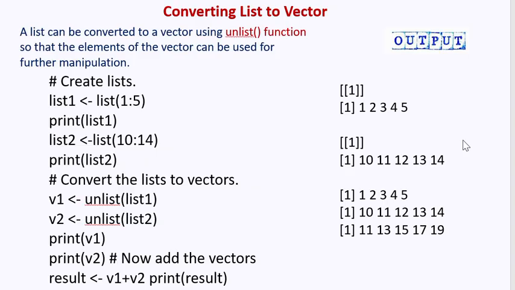What the backend process did is add the first element in V1 to the first element in V2, which is 1 plus 10, so we got 11. Similarly, 2 plus 11 is 13, 3 plus 12 is 15, 4 plus 13 is 17, and finally the last element 5 plus 14 is 19. In this way, we can convert lists to vectors for such mathematical calculations.